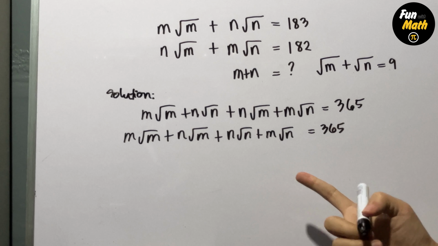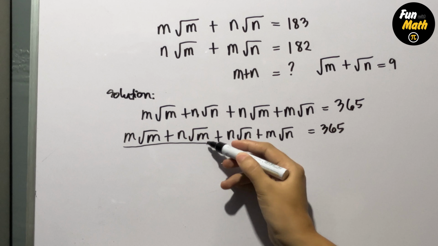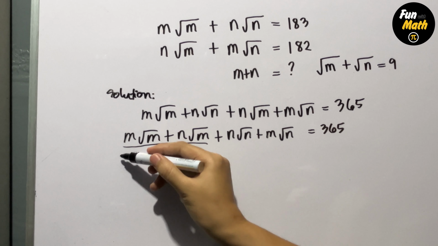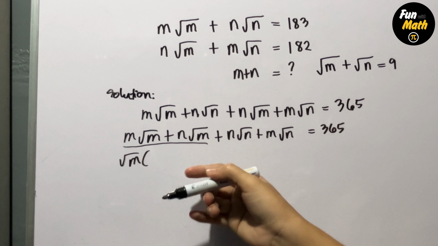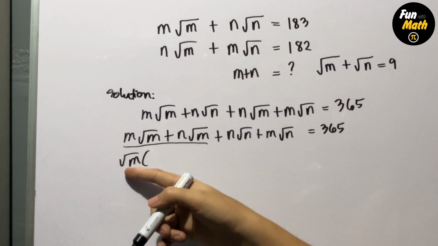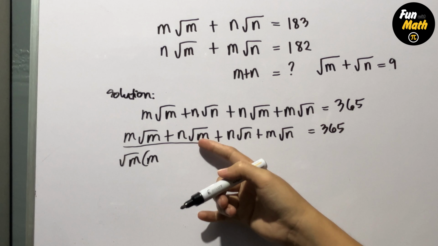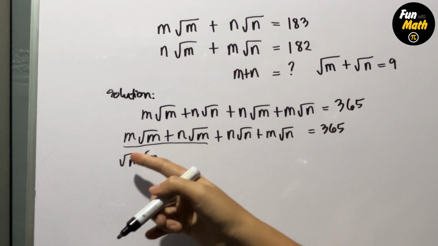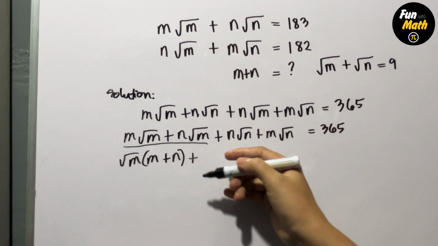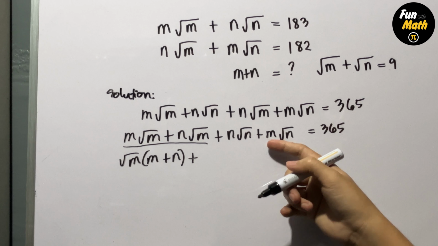Next, let's factor with their common. For this, the common is square root of m. So square root of m times m square root of m divided by square root of m, this is cancelled, we're left with m. Here, n square root of m divided by square root of m, this is cancelled, we're left with n.